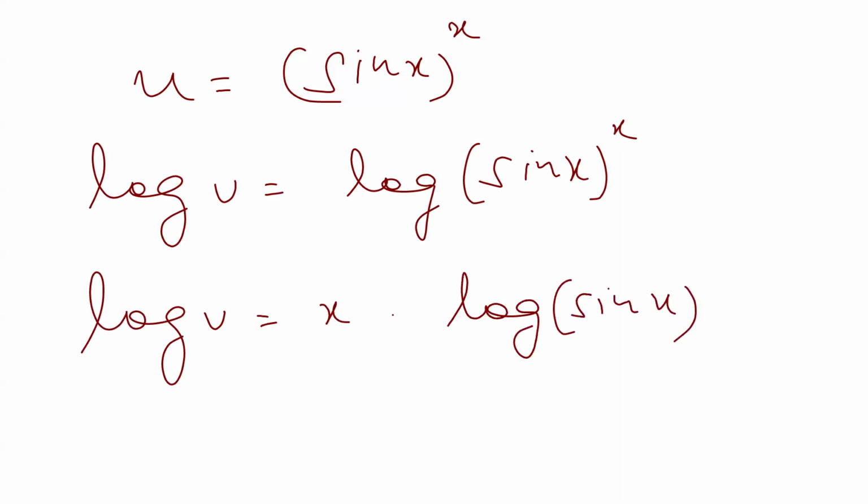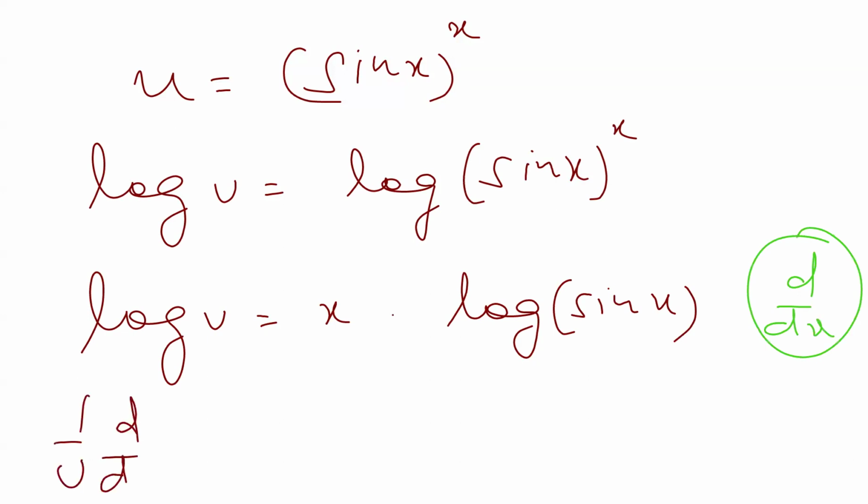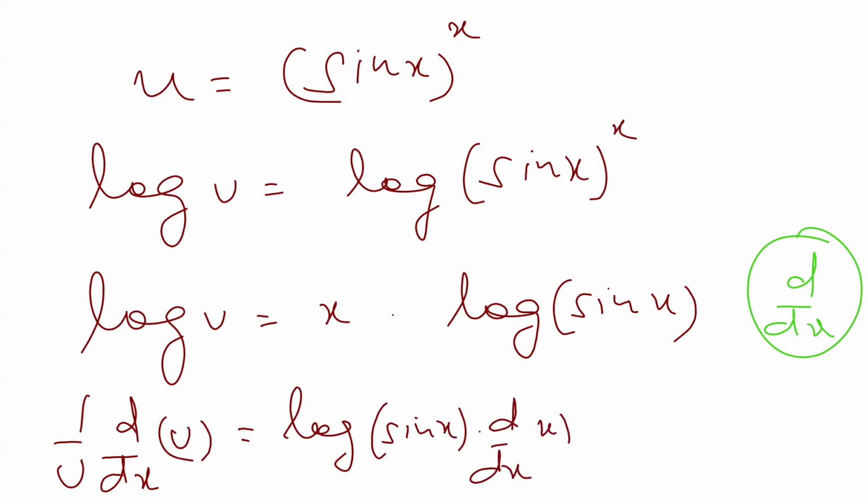Now I'm going to differentiate this. Left hand side derivative is 1 upon u d by dx of u. Right hand side is product rule: log sin x d by dx of x plus x d by dx of log sin x.